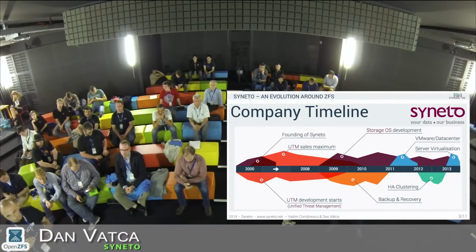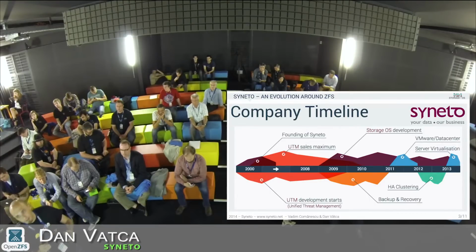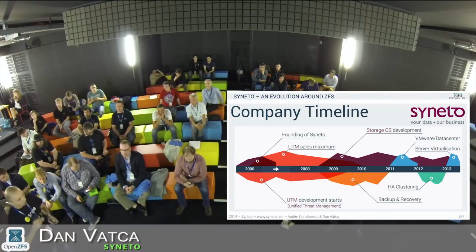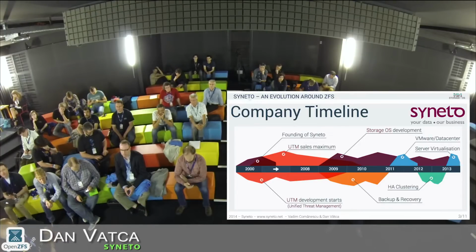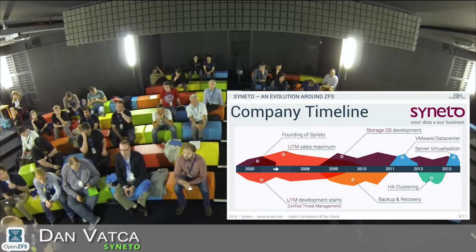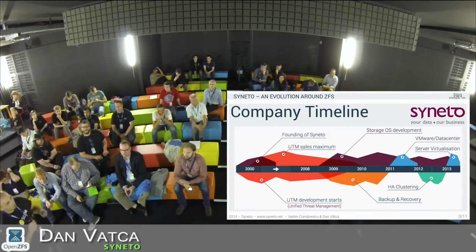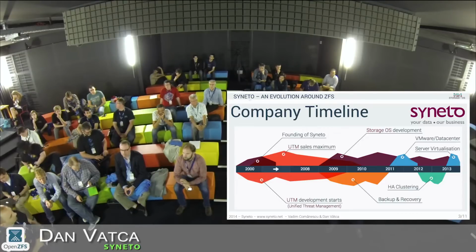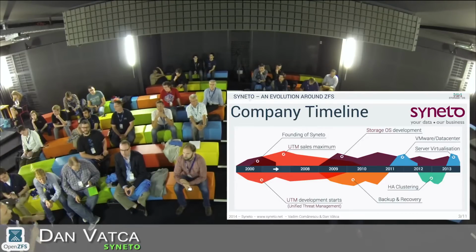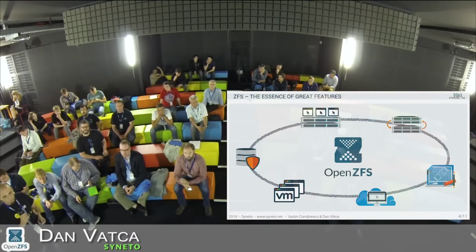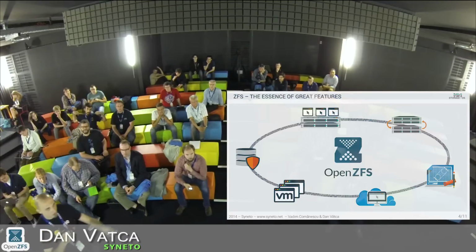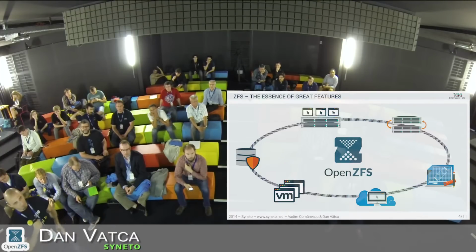Some of the highlights have been the VMware data center integration, which I'll be talking about a little bit later, HA clustering, and lately the server virtualization, which is integrating the KVM port into our appliances. So we can deliver converged storage and virtualization on the same appliance. And this is just an overview of what the technologies are.